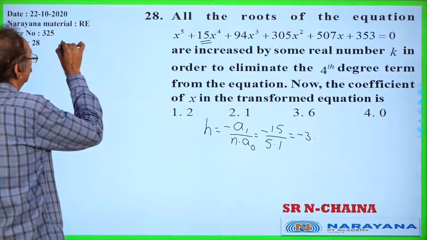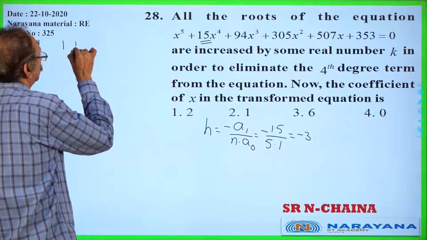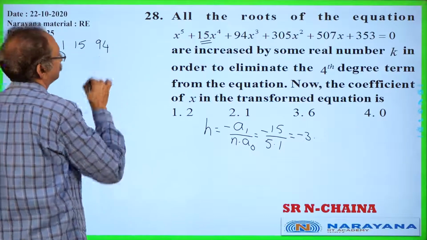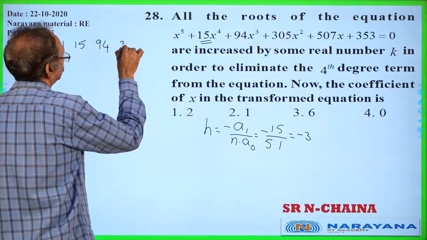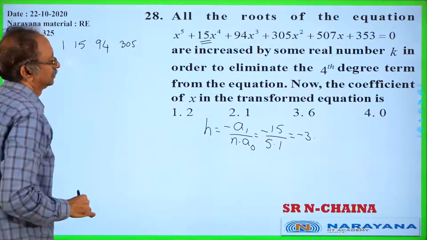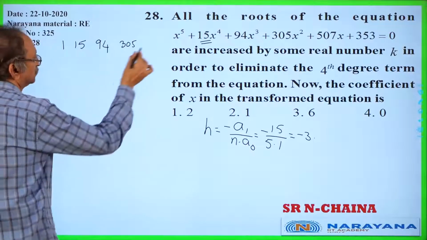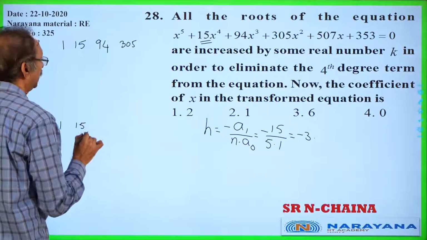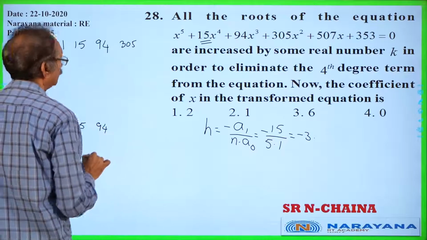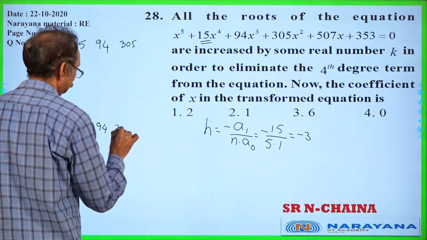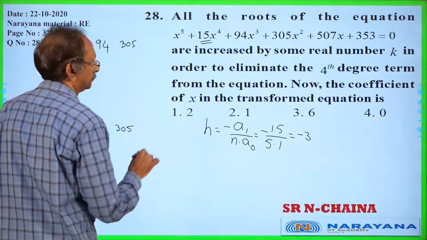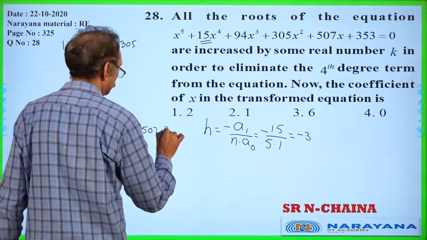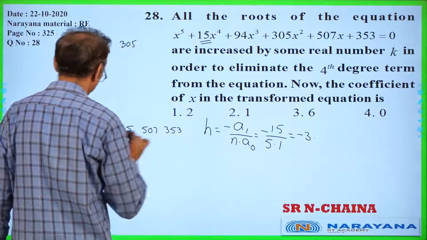So we have to write the transformed equation now. So coefficients 1, x power 4, 15, x cube 94, x square 305. Okay, so I will write here, there is not much place there. 1, 15, 94, 305, 507, 353.